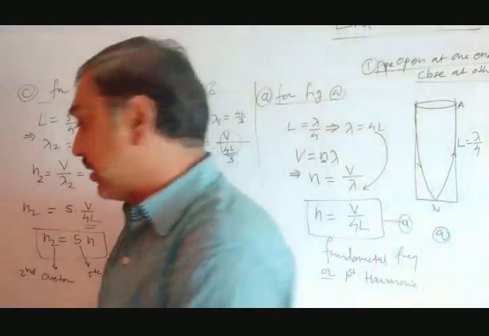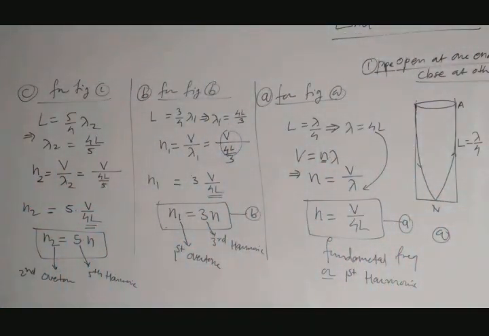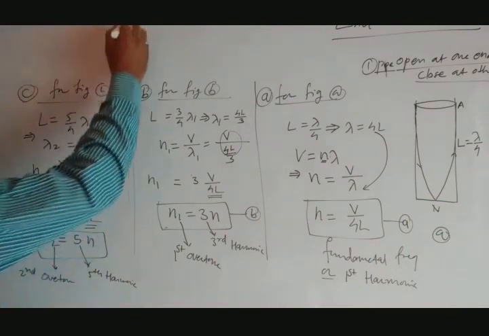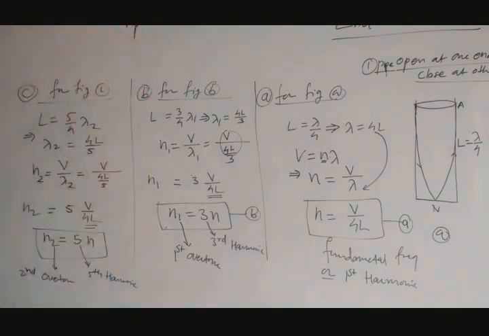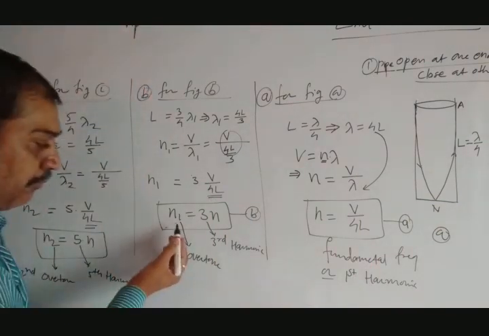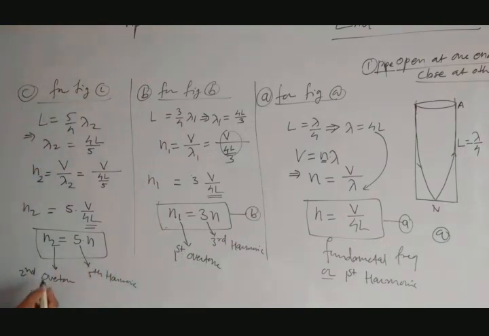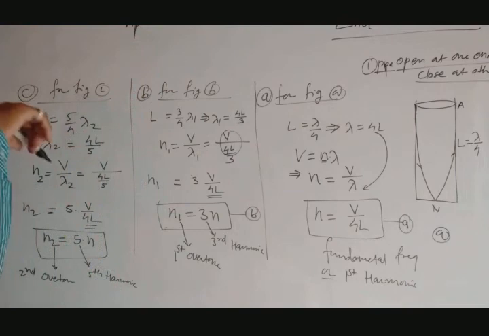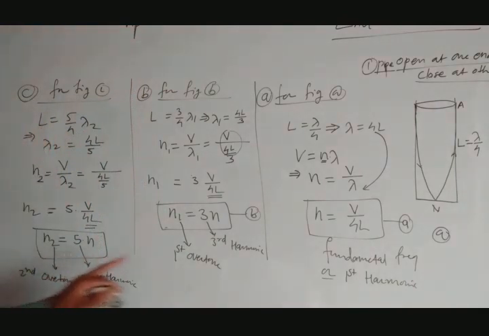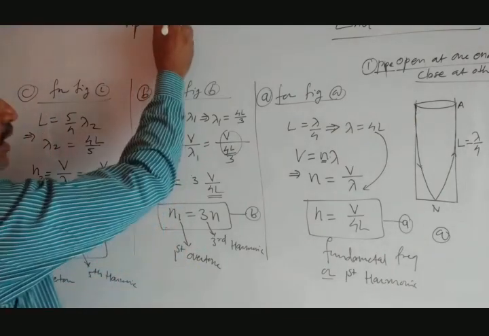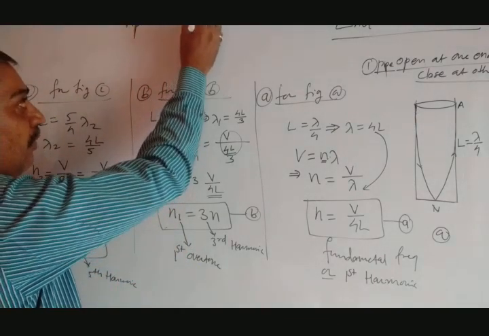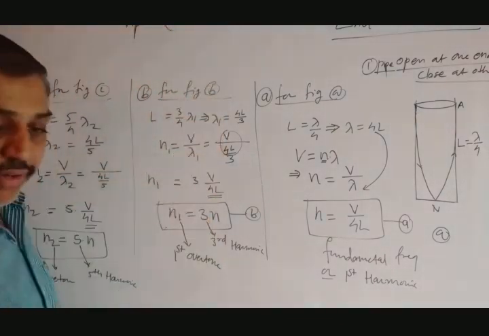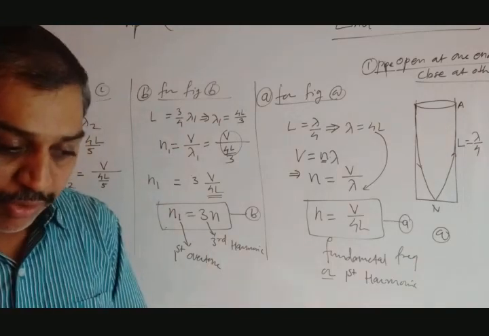In general, for the pth overtone we can write the equation np. Here it is 3, 5, so you can write 2p plus 1 into the fundamental frequency. Let's confirm it from your book.